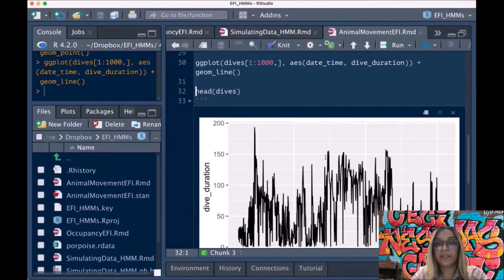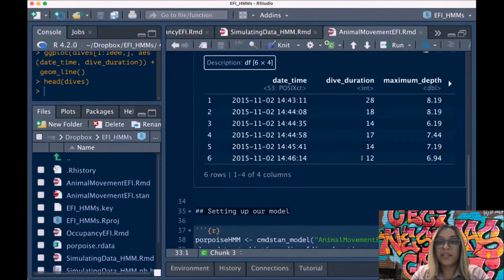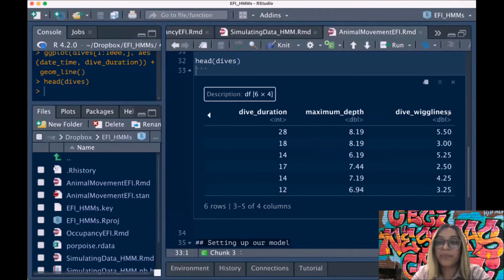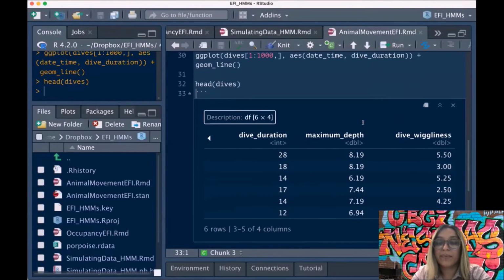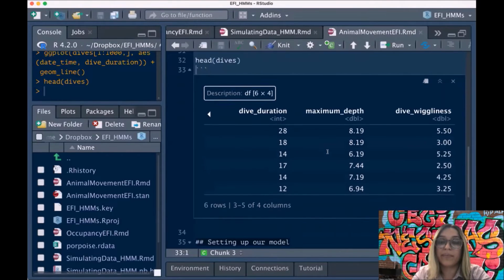We can make it a time series. Let's look at the data specifically. So we have the date time of when the dive began, and we have dive duration. There are also other variables associated with this data set, like maximum depth, as well as dive wiggliness. Right, so we could construct multivariate hidden Markov models.